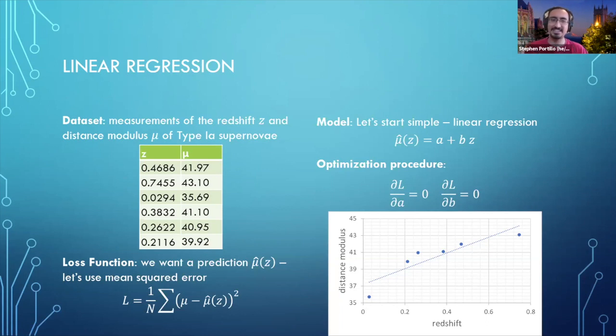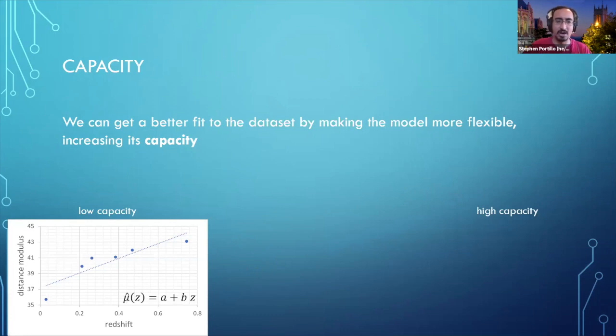And for this data set, the line sort of fits, but it also looks like there might be some curvature here that I might care about. So in machine learning, people often talk about the capacity of their model, and this corresponds to making your model more flexible.